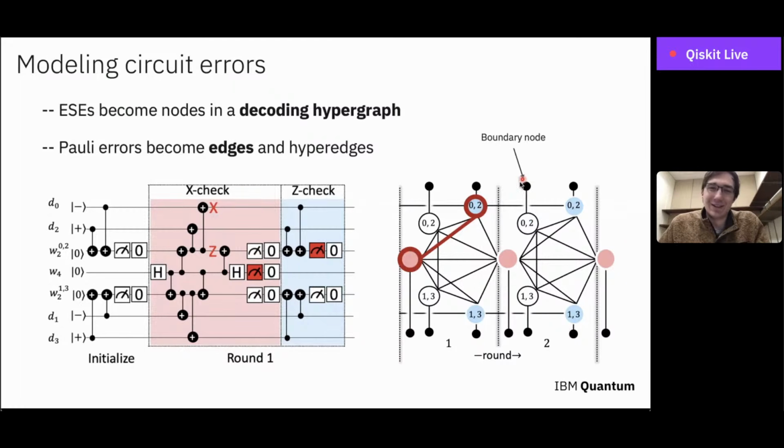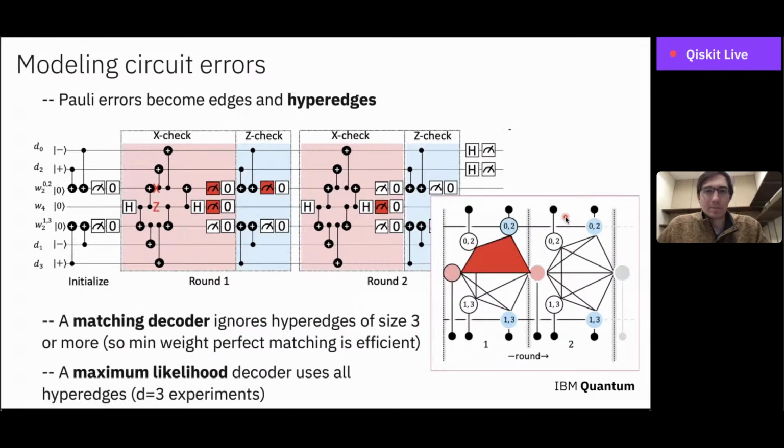So we introduced this sort of fictitious boundary node so that we can actually draw an edge. And so every boundary node is actually the same. So you should think of every boundary node as connected to every other one with an edge of weight 0, or you can just think of them as all the same. Some giant boundary node on the outside. Okay, so that's edges in the decoding hypergraph.